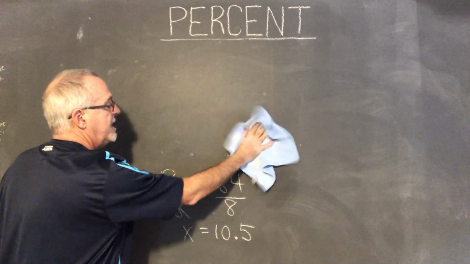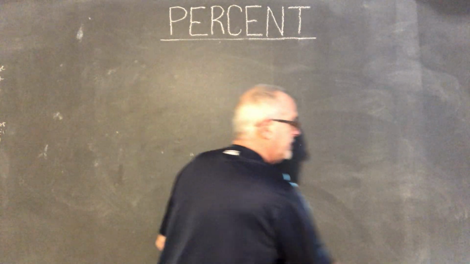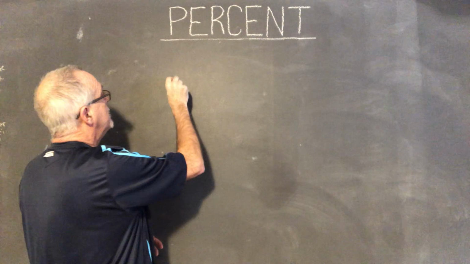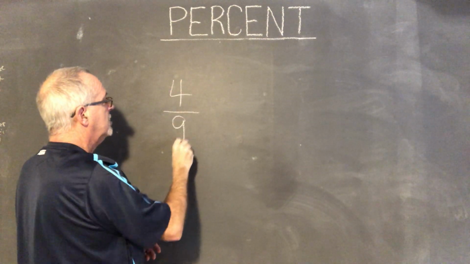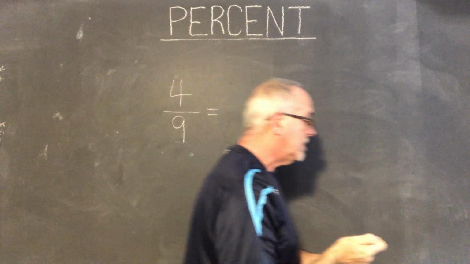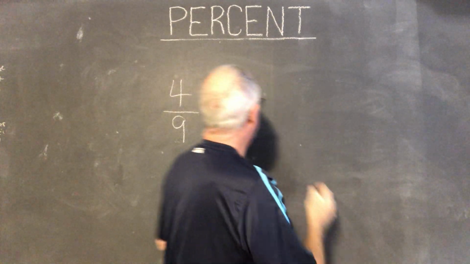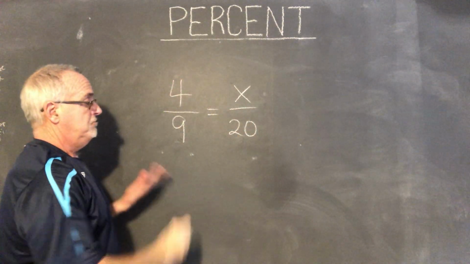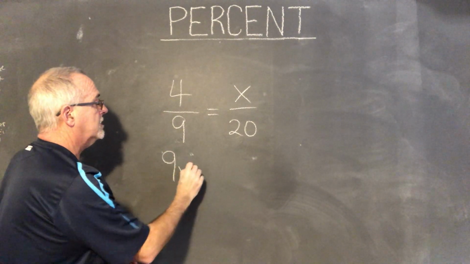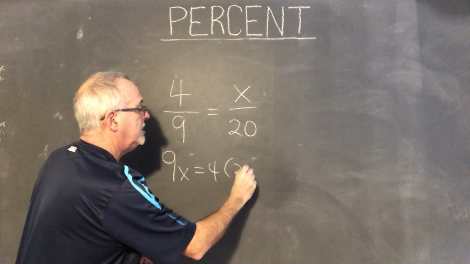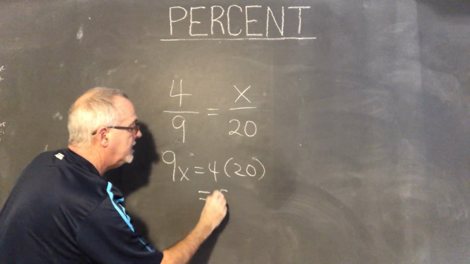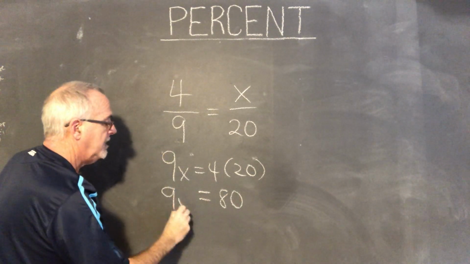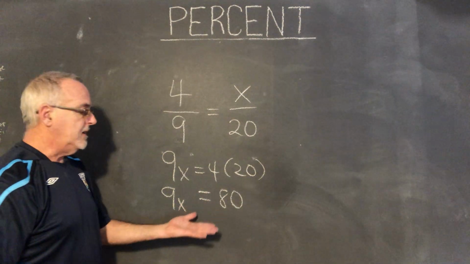4 over 9 equals x over 20. Cross multiplying, 9x equals 4 times 20, which is 80. We can see right away this is not going to conveniently give us a whole number.